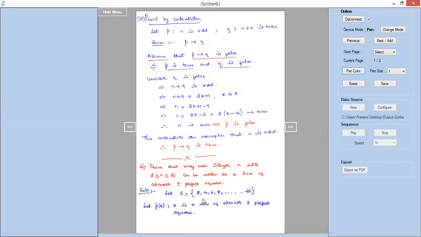So we should be able to express each of the elements 2, 4, 6, 8, etc. Each one of these we should be able to express as a sum of at most 3 perfect squares. Okay, so let us just write down what is to be proved.